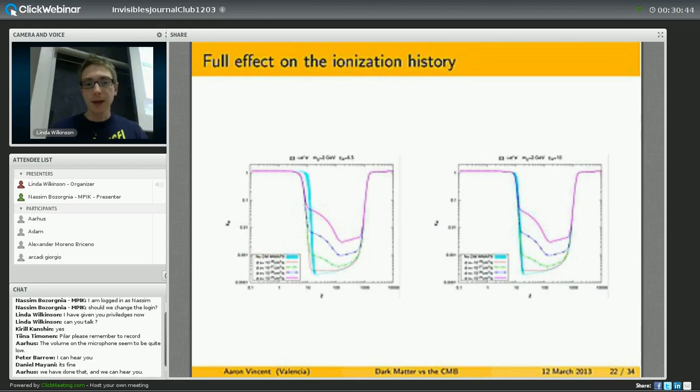And so this effect can be seen in the reionization history of the universe. So this is similar to a plot that I showed you before. So this is the ionization fraction plotted versus redshift. So high redshift is up here. The last scattering is 1,000 here. I'm really sorry about the resolution. And as the universe cools, normally you would expect that cyan line. So the ionization would go down, hit some floor, and then as the first stars begin to reionize the universe, you expect some very rapid increase in the ionization fraction of the intergalactic medium.